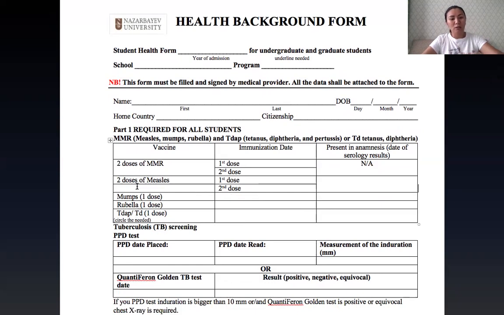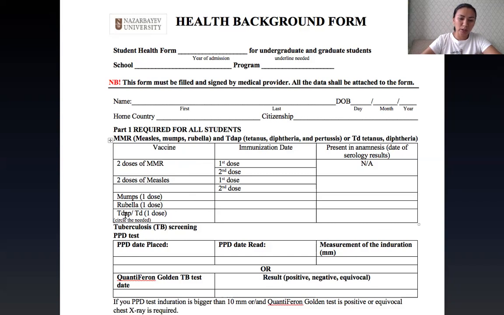So MMR is a combined vaccination, as well as Tdap or TD, with a lifelong effect. If you have been vaccinated with two doses with the period between dose 1 and dose 2 within 4 weeks, you are considered immune against measles, mumps, and rubella.